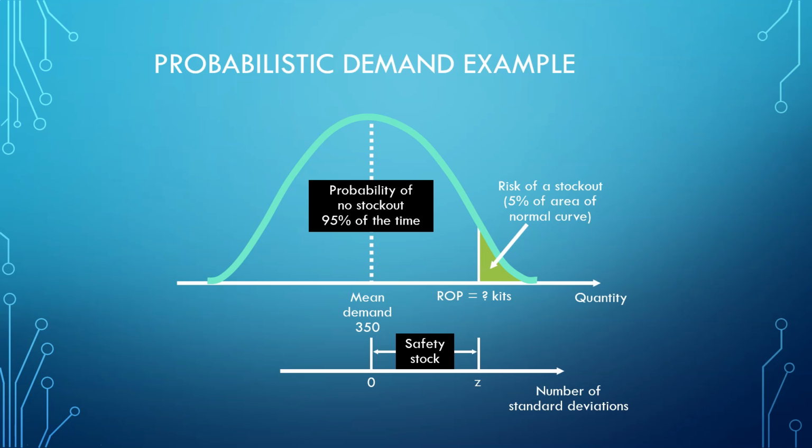So Z, the number of standard deviations, will assist in finding the safety stock required to keep demand fulfillment at 95%. How much variability do I have to have in stock, and that's the safety stock. Basically, we are saying how much more can I have over the mean, which is 350, to be safe and fulfill the demand of 95% as the manager wants.